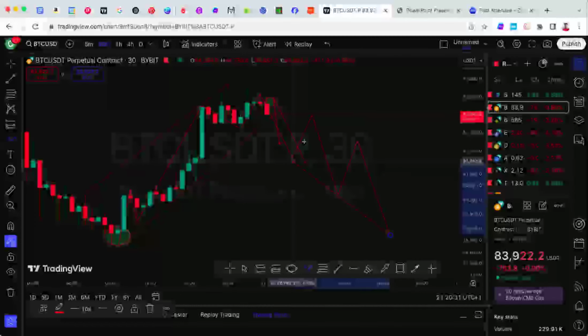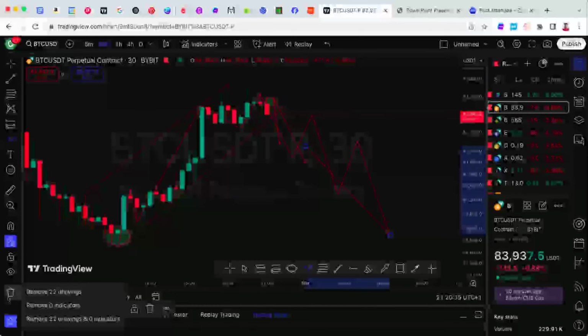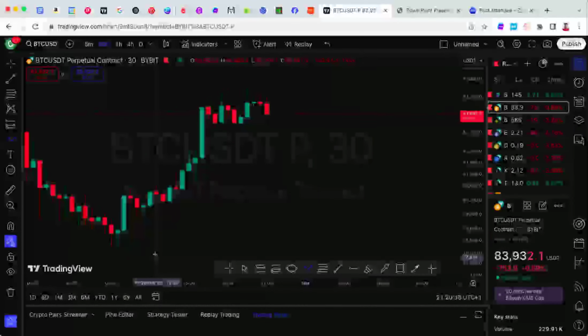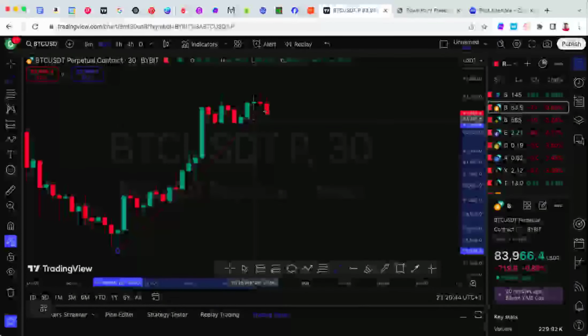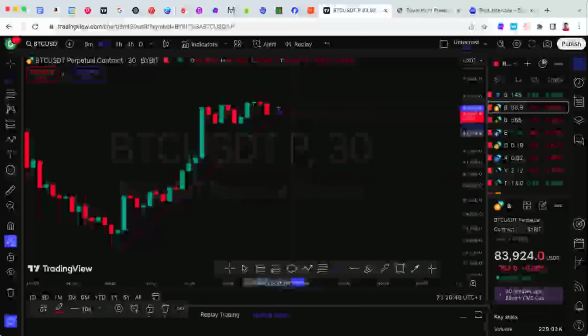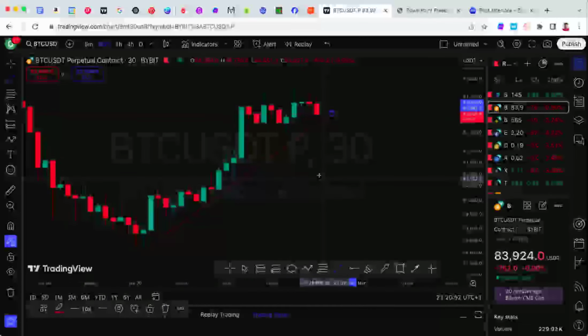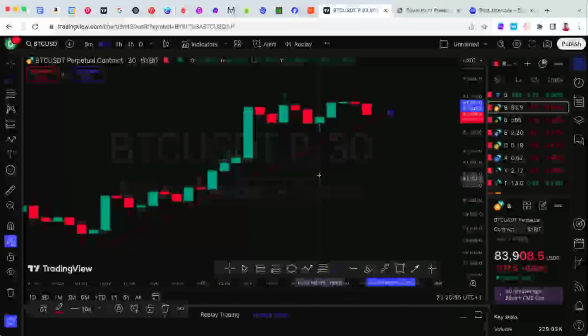But for now, let's clean our chart up. What we can see for now is an uptrend, and it hasn't broken.